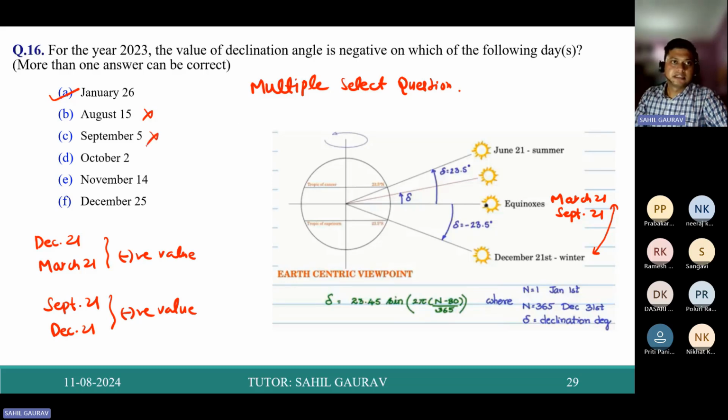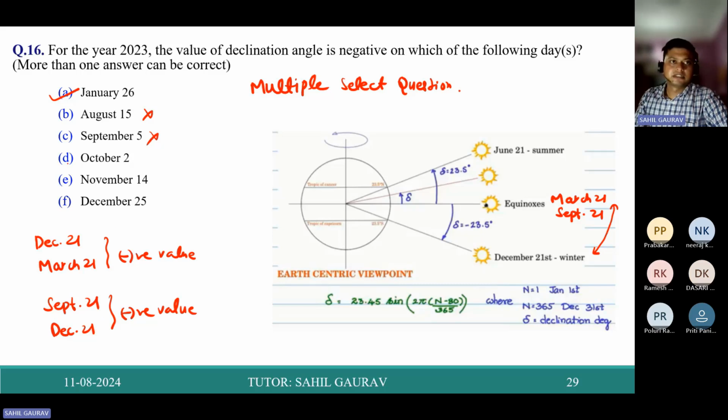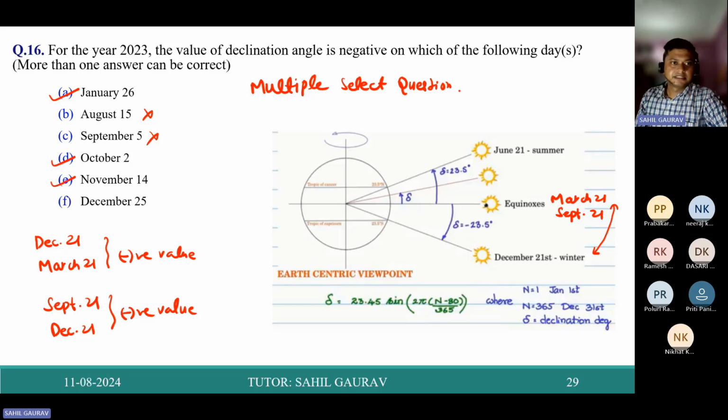So it is positive. Now October 2, it is negative because it lies between September 21 and December 21. And November 14 also lies in the negative range, and December 25 also lies within this negative range. So this December 25 will be negative.